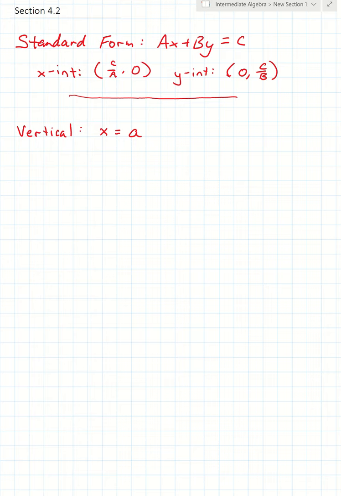And since we only have one variable, all we need is 1 point, okay? We don't have to worry about anything other than just graphing that one value of a on the x-axis, okay?